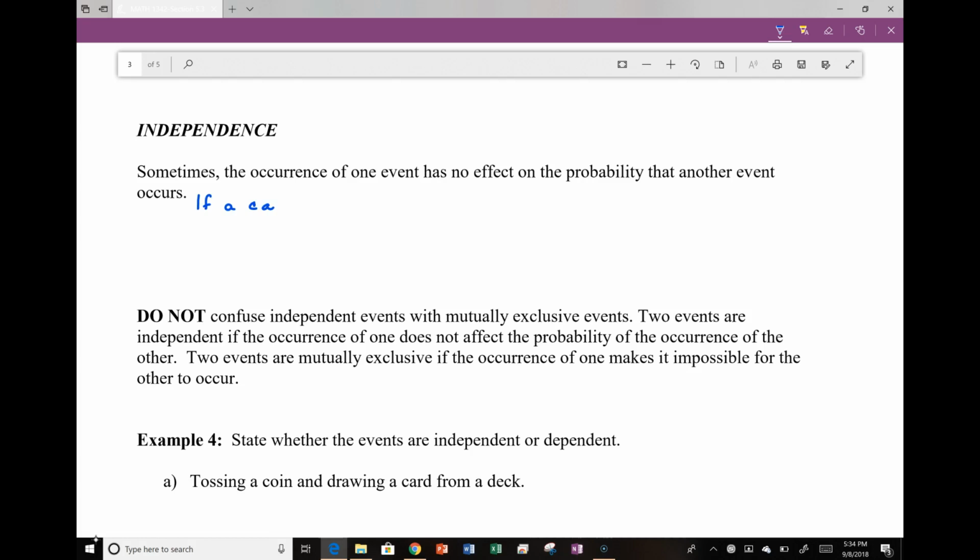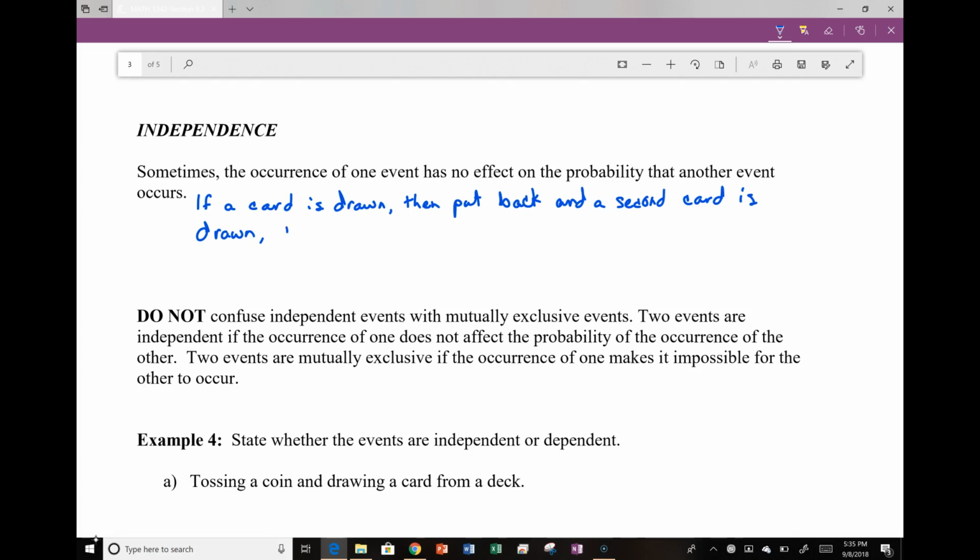So if a card is drawn, then put back, and a second card is drawn, notice that we put the first card back.